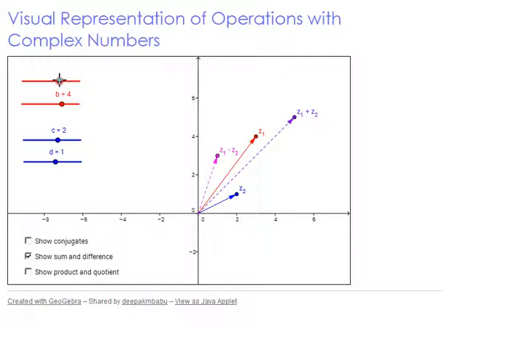I can talk about the real part of Z1 being greater than the real part of Z2. That is fine. I can talk about the imaginary part being greater than. That is okay. But together, as a complex number itself, a plus bi and c plus di, I can't put a less than or greater than sign between them. That makes no sense.